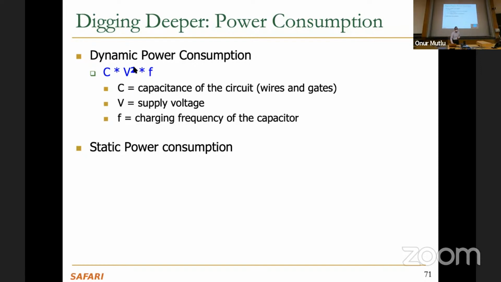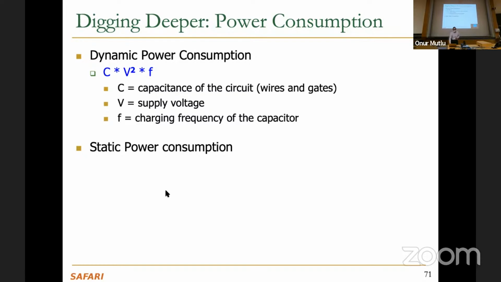So basically, if you want to really reduce your power consumption, you reduce voltage, which reduces frequency, and you have a cubic reduction in power consumption. So if you want to design very low power circuits, voltage is a big parameter. But don't forget the capacitance over here, because this capacitance really determines how big your circuit is. So if you use, for example, high capacitance transistors, that's not going to work very well. High capacitance wires, again, they consume a lot of power.